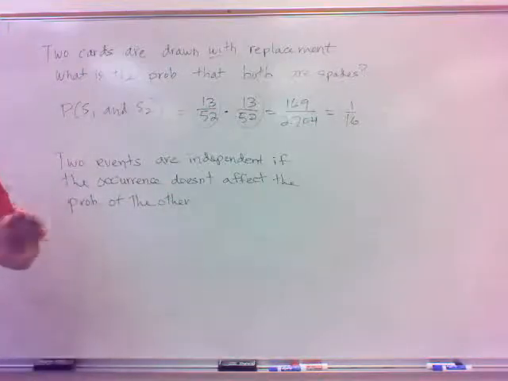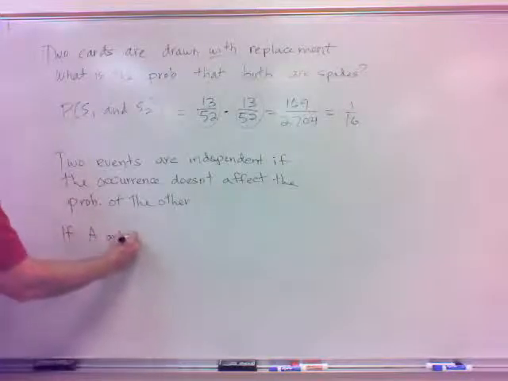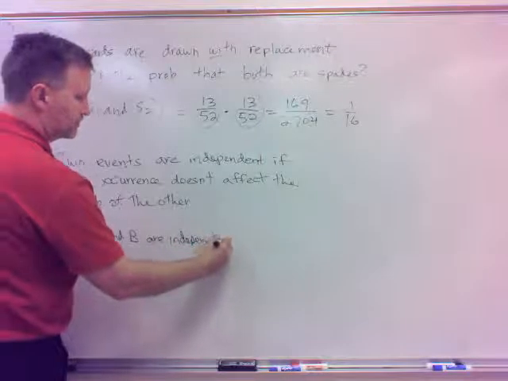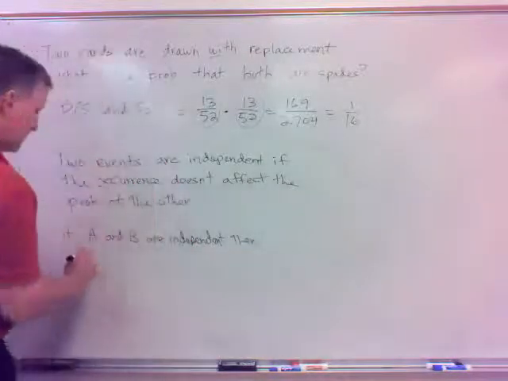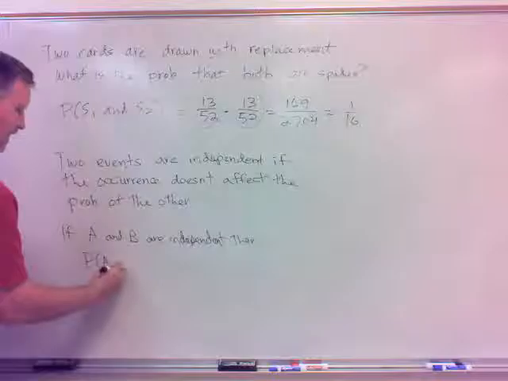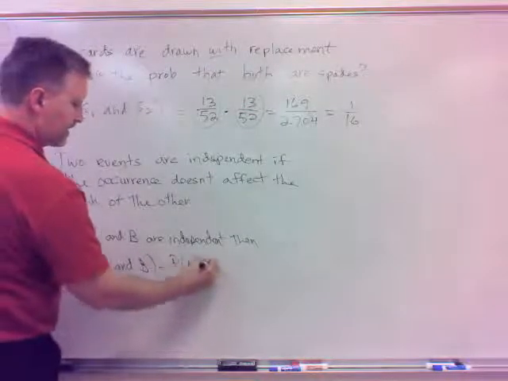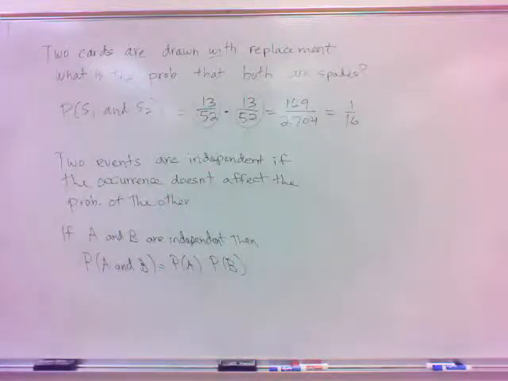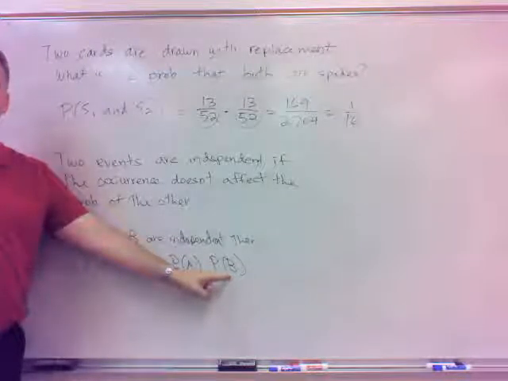Now, what's significant about it is this. If A and B are independent, then the probability of A and B just simply equals the probability of A times the probability of B. Now, what's significant about that? You don't have to know anything about conditional probability here.